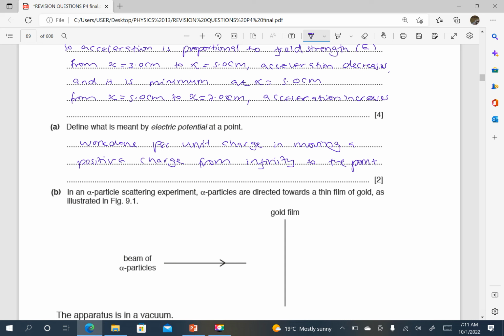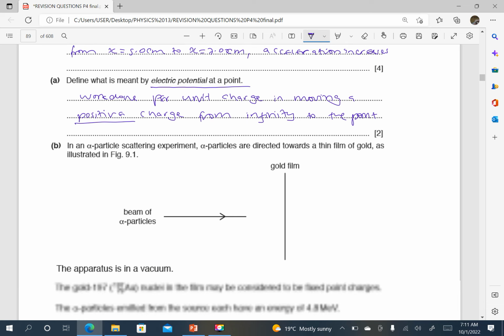To define electric potential, we need to imagine moving a unit positive charge from infinity to a certain point. Because this is electric fields, we refer to a positive charge. The work done per unit charge in moving a positive charge from infinity to the point is what we call the electric potential.